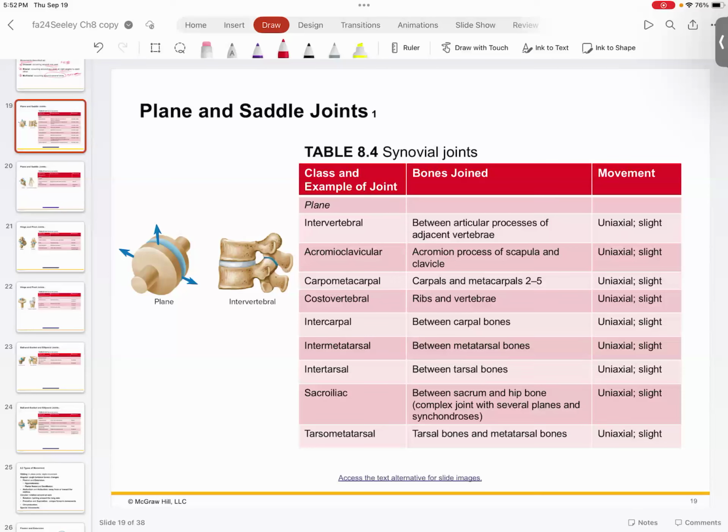So let's look at some examples. The best way to understand how these work is to just look at examples of them.